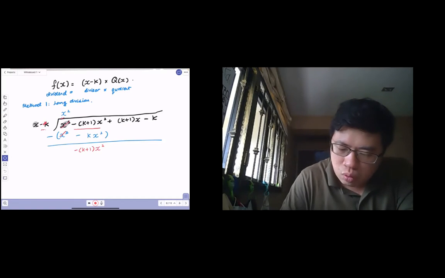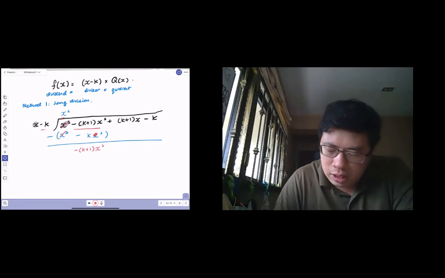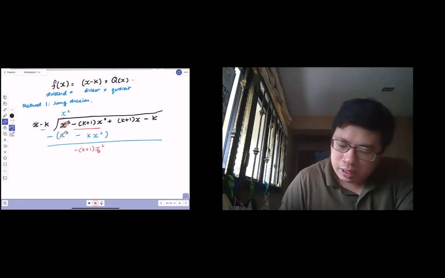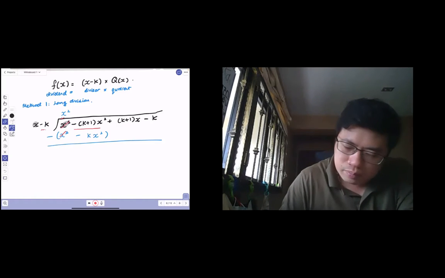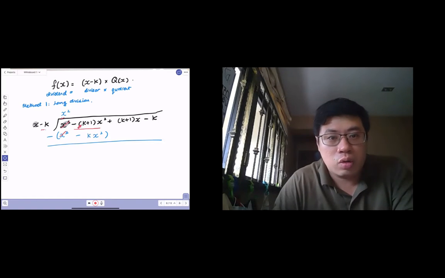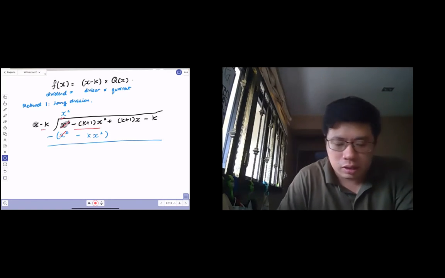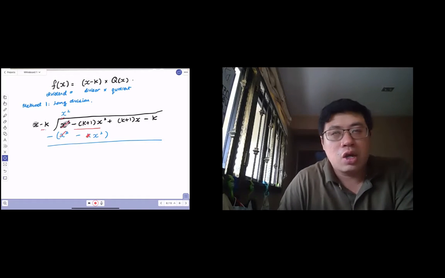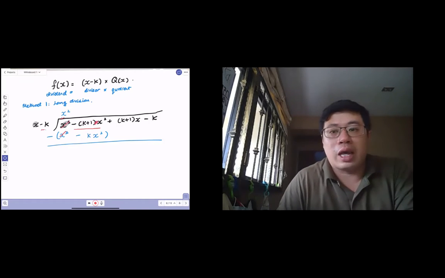So from here, we have minus (k plus 1) x squared, and there's a minus kx squared being subtracted, which gives a plus. Overall, you will cancel off.